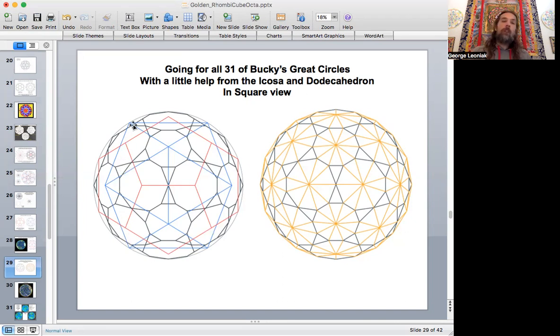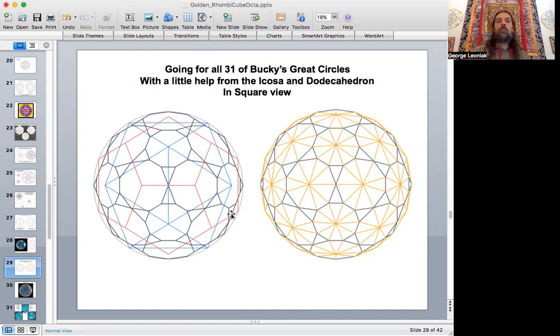So what I did was, in square view, I can draw an icosahedron very easily and draw it to the appropriate dimensions so that it touches the sphere. This is the nice thing about square view, is it gives me a nice golden rectangle in the middle that touches the sphere, and the dodecahedron also touches the sphere.